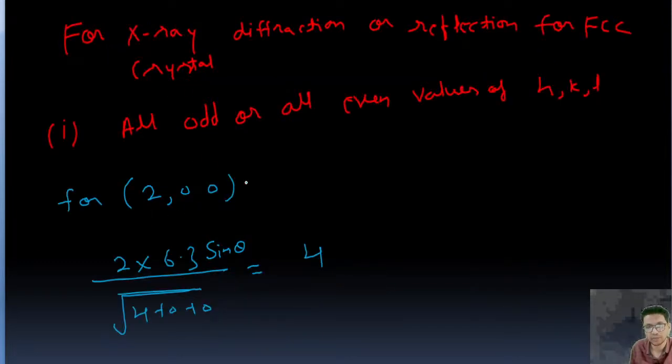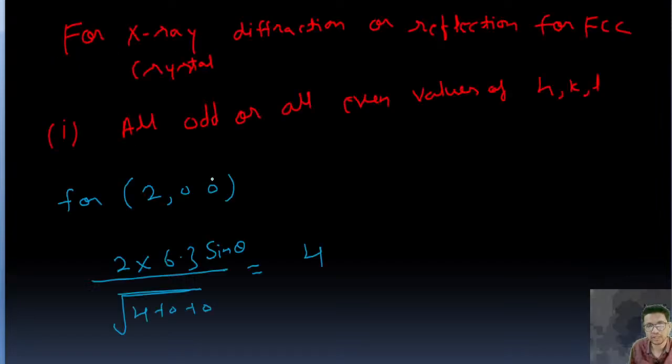So from here we can find the value of sine theta. If we calculate it, simple calculation, right? Root of 4 is 2, so this is going to be 2 to the 8, right?